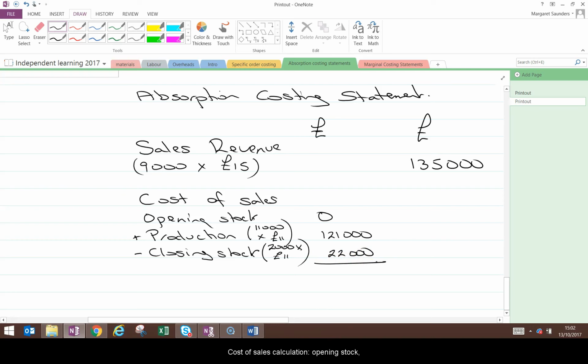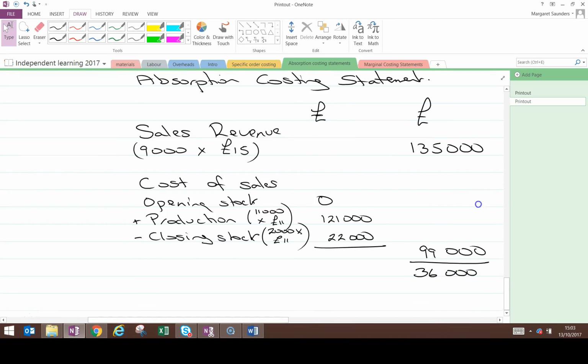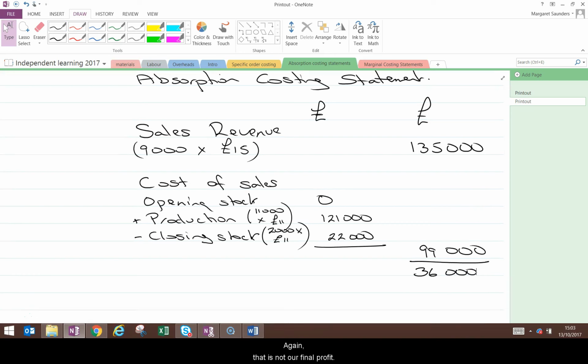Cost of sales calculation: opening stock, add on the production, take away the closing stock, and we are left with £99,000. So deduct that from our sales figure, leaves us with £36,000. But again, that is not our final profit.